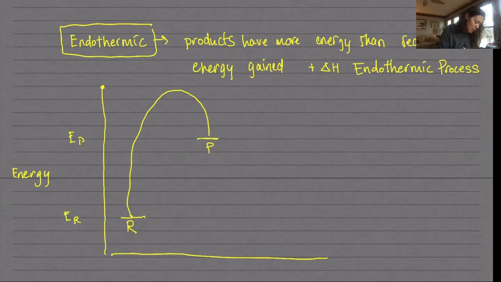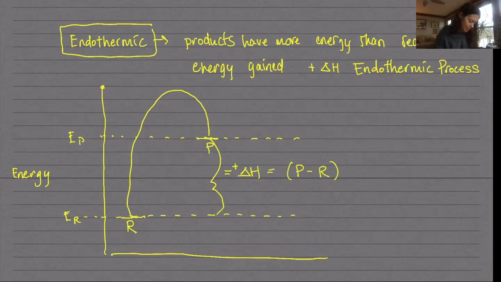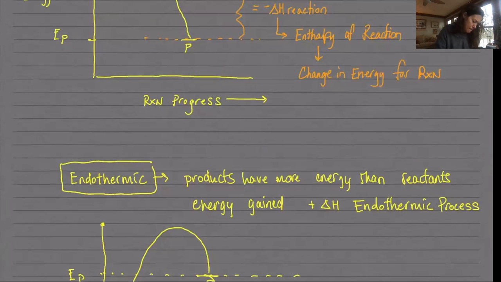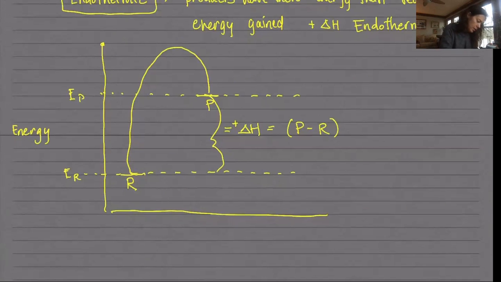So again, the difference here is equal to the delta H, and this time it's positive. And that would be equal to the products minus the reactants. Okay. And our activation energy, well, this is still our activated complex.